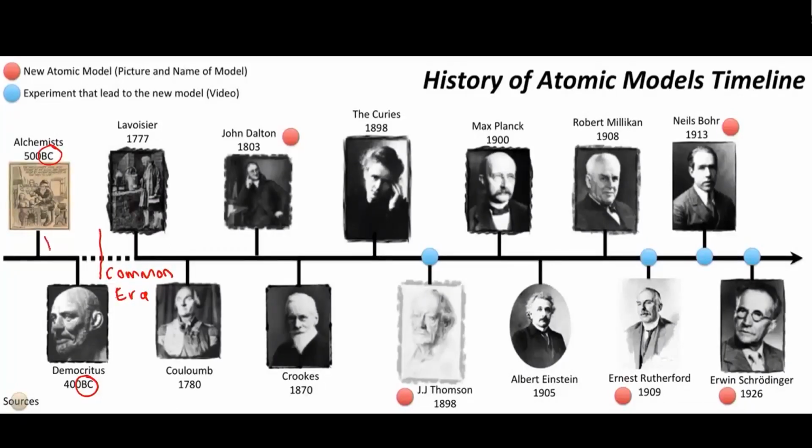We would write BCE, and BCE means before common era. But you can see that if we look at this timeline, that people have started to think about their world and chemistry and matter and physics a long time ago. So we're talking about 500 BCE, before Common Era.